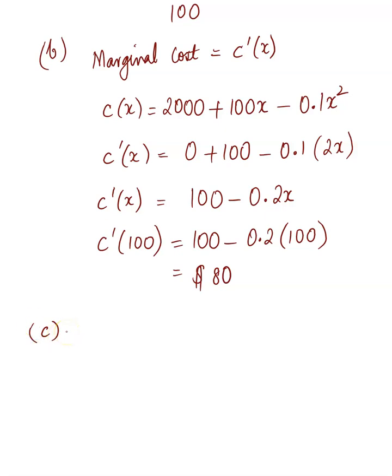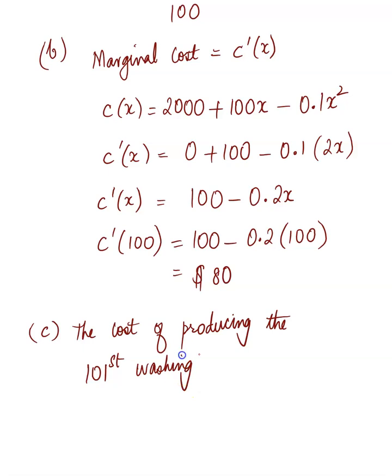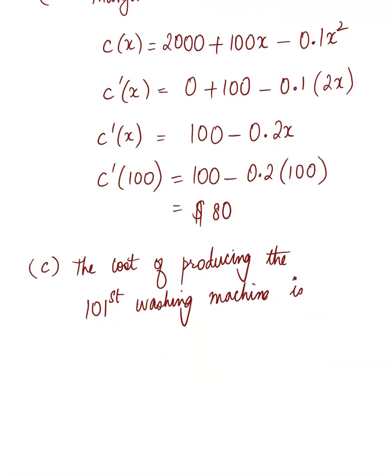So I'll say the cost of producing the 101st washing machine is the cost of 101 washing machines minus the cost of producing 100 washing machines, right?